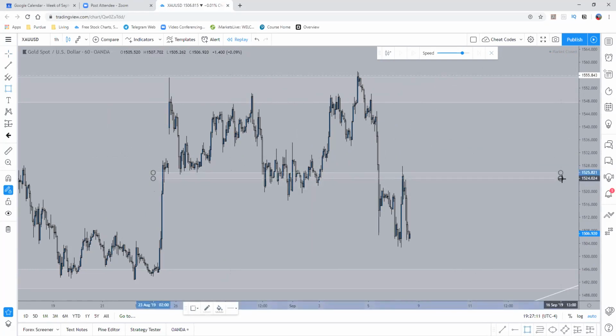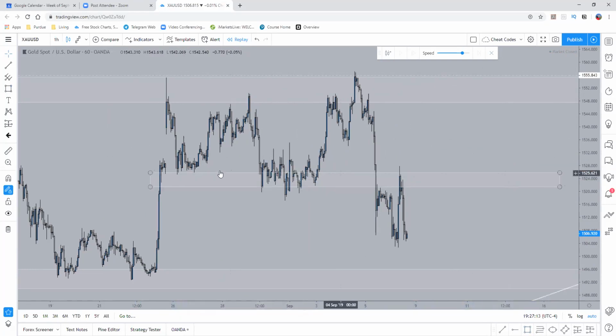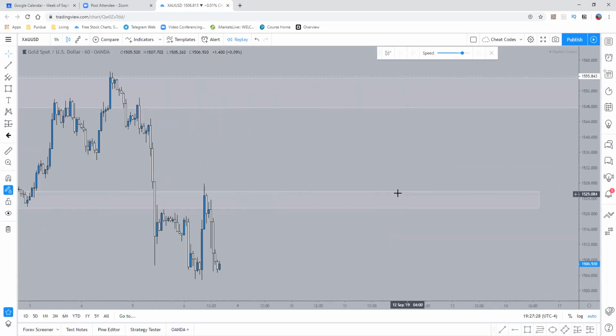So I see there was a lot of resistance in this area, a lot of consolidation with price when it got to this area, and it made a big move off of here. It also broke here, retested, continued up, and it just broke this area, and it retested and continued down.